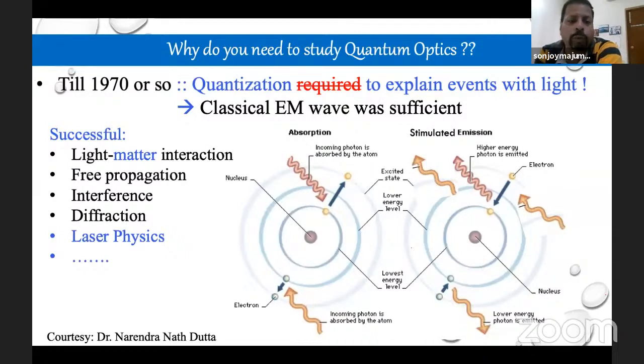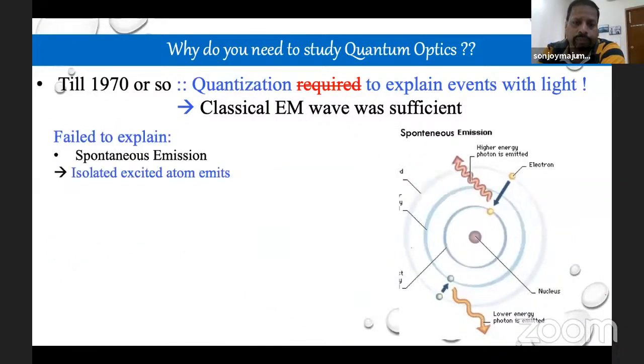Even the free propagation of light, interference, diffraction, the process by which laser light comes out from the crystals. All this we were able to explain using the semi-classical model, where the electromagnetic field was treated as a classical wave.